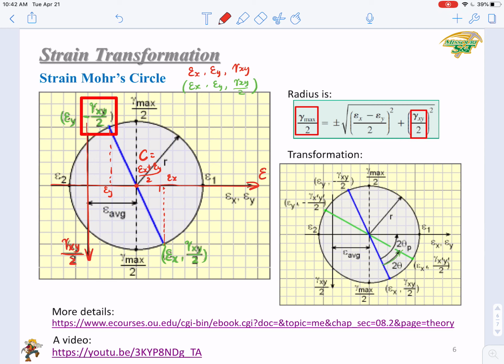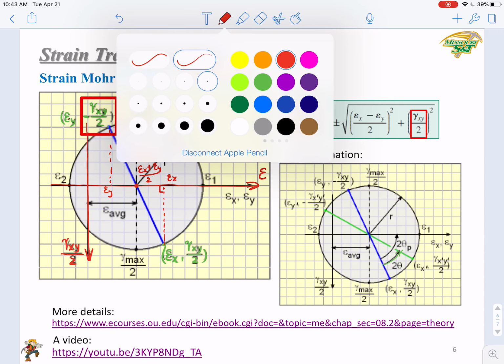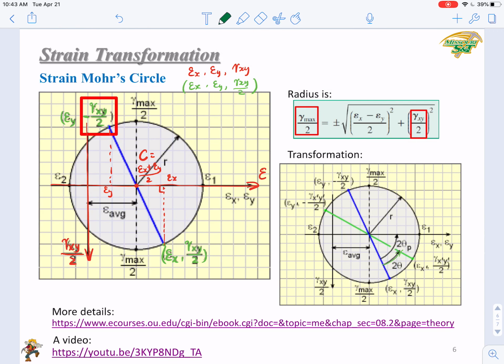In the same way, we can use this triangle to find the radius. This length would be epsilon x minus epsilon y over 2, and this length will be gamma xy over 2. So R will be the square root of epsilon x minus epsilon y over 2 squared plus gamma xy over 2 squared.